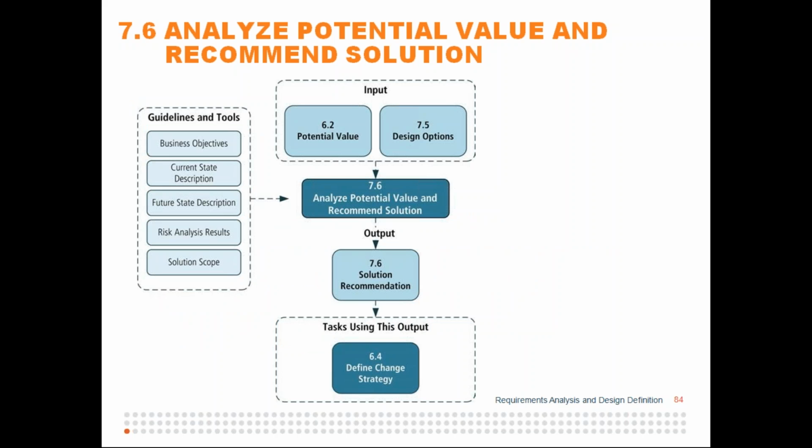So like I was saying earlier, the input-output diagrams are things that I've used. Well, let's say I've looked at them, but when I would actually go through the practice test, that's when I think it really sunk in. Because even though when you look at it here, it seems intuitive. What are your inputs? You have potential value. What value are we trying to achieve? What are different options? We do the analysis, we have a recommendation, and then change strategy would use this, and the other guidelines and tools.